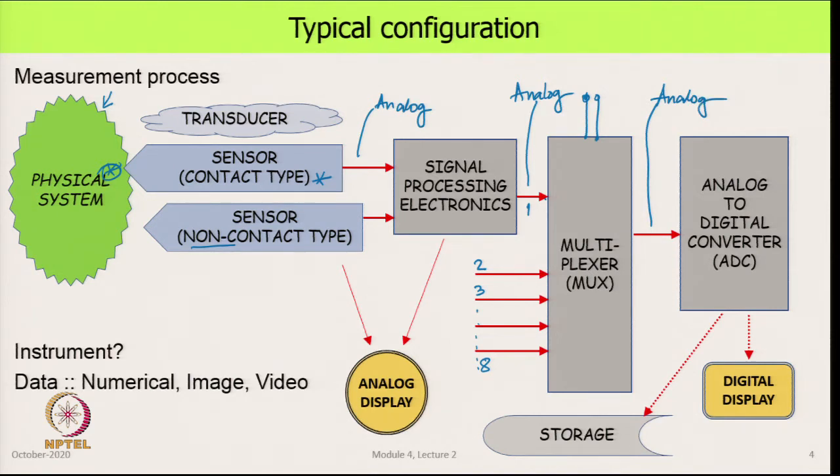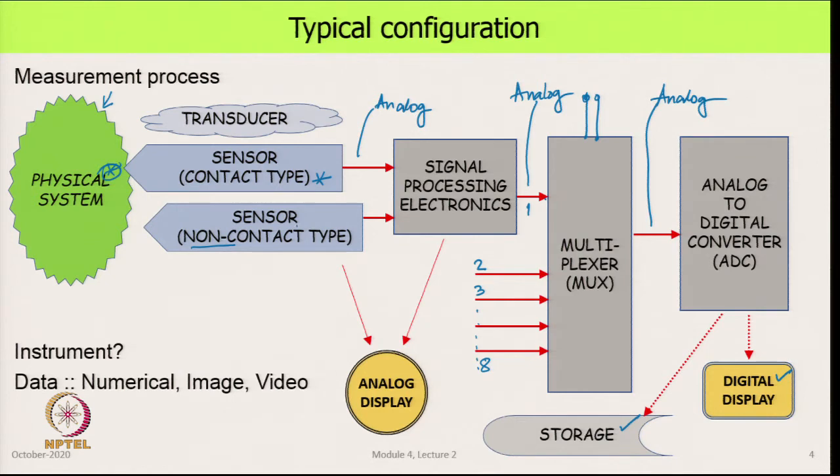And then we get to the device which is the analog to digital converter. So, this takes this analog signal and makes it into a digital signal, which can either be then sent here to the storage or it can be displayed.